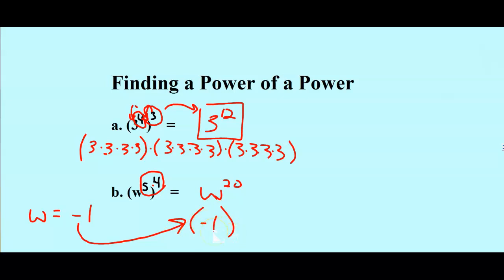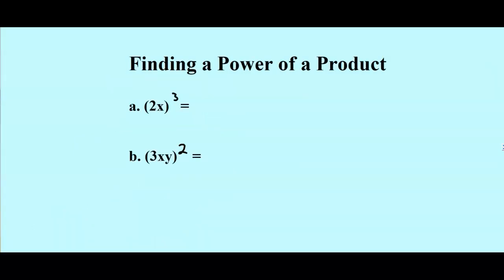So I like to have you practice using those parentheses when you're substituting in like this, because the w is what the 20, the exponent, is referring to. So yes, that negative goes with it, because it's part of w. All right, kind of jumping the gun there.